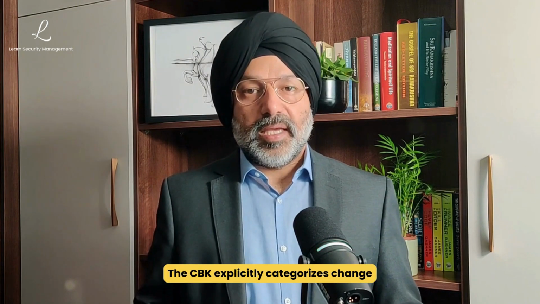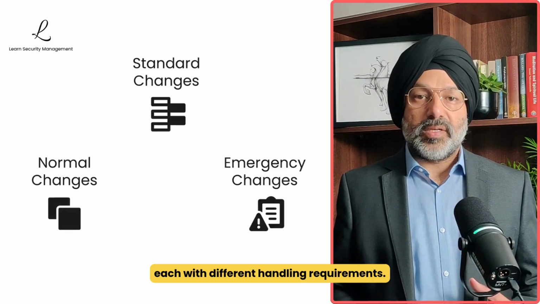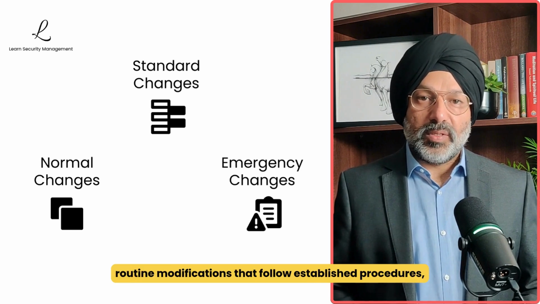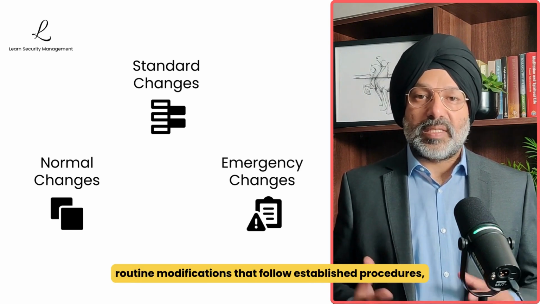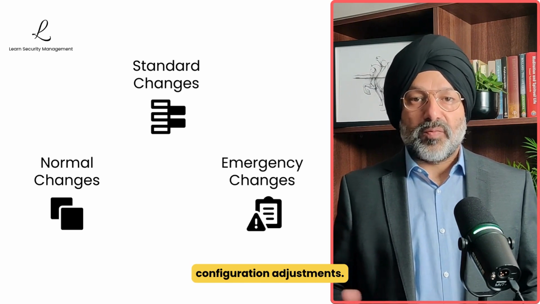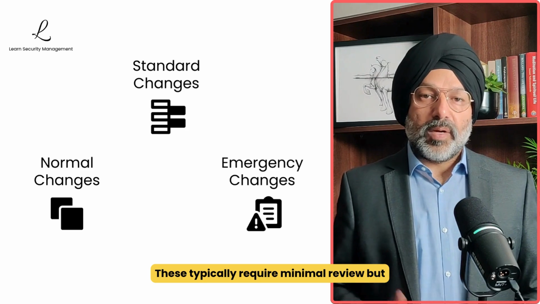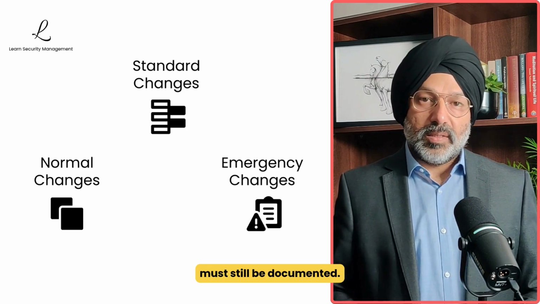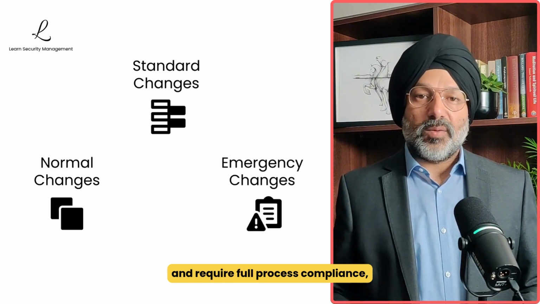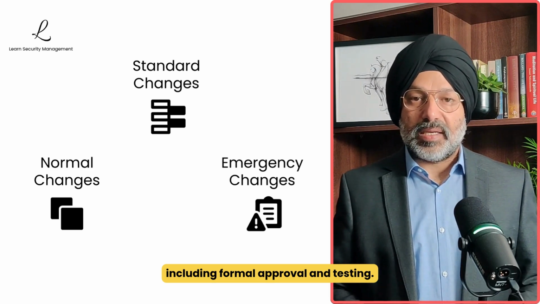The CBK explicitly categorizes change into three types, each with different handling requirements. Standard changes are pre-approved, routine modifications that follow established procedures, such as scheduled patches or minor configuration adjustments. These typically require minimal review but must still be documented. Normal changes constitute most system modifications and require full process compliance, including formal approval and testing.